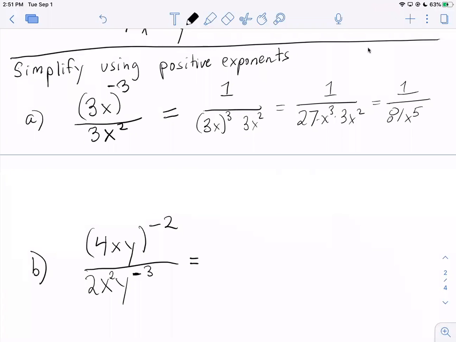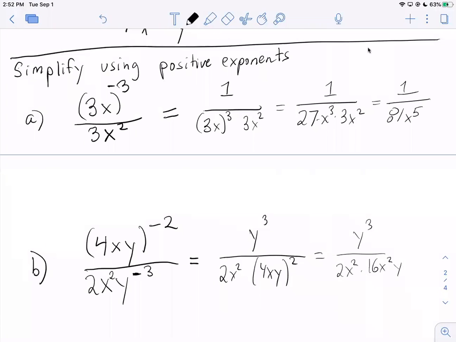This would just be move the y to the numerator because it's just by itself, so y to the third. And then the denominator, we still have 2x squared, but now we have 4xy squared. When you multiply all this out, you get y to the third, and then 2x squared times 16x squared y squared.